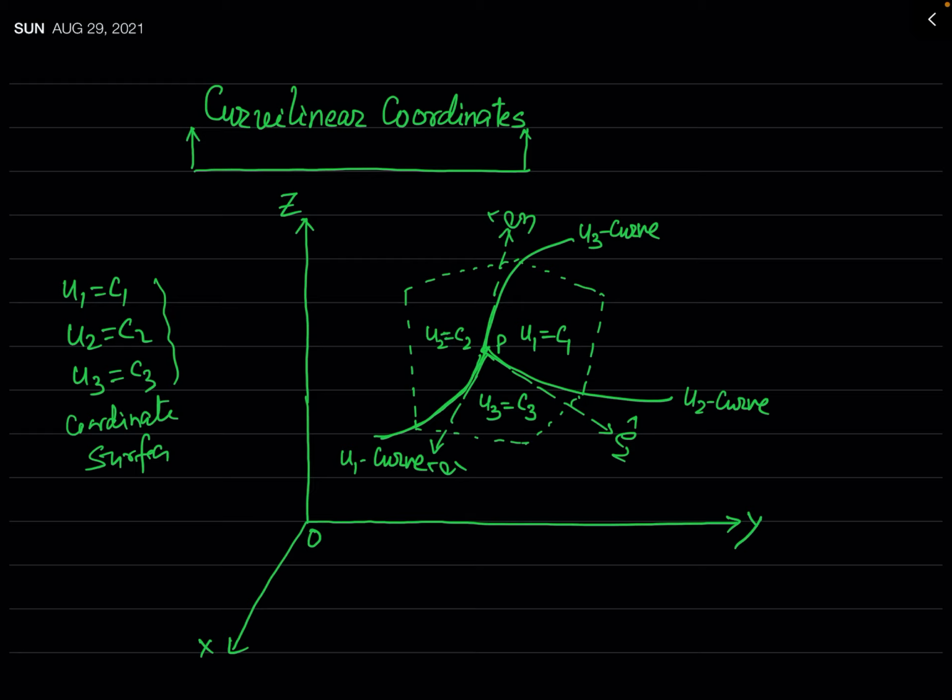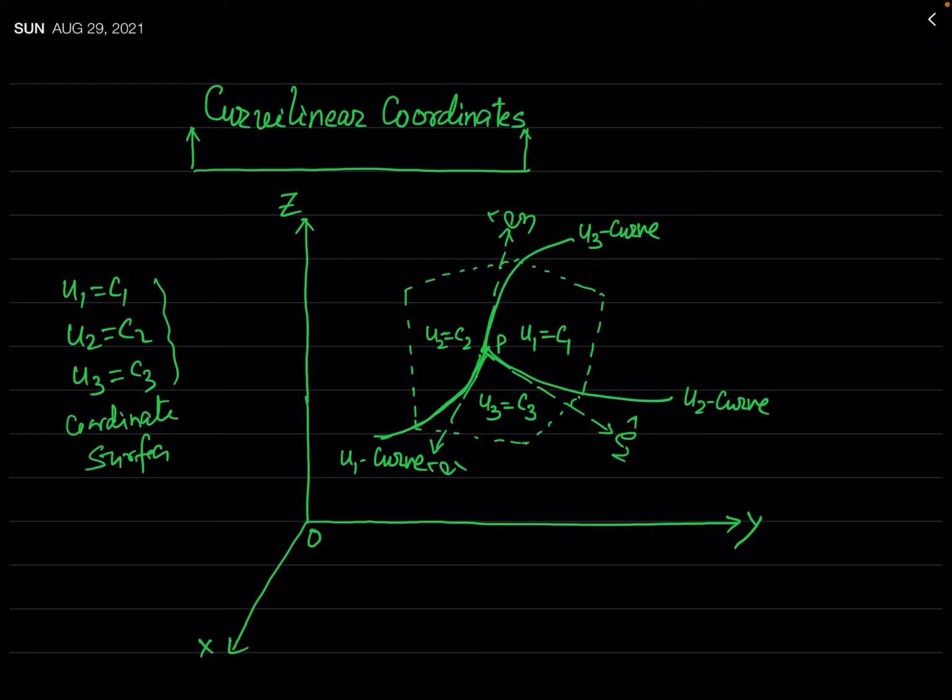So these dotted lines along which I have shown the unit vectors e1 hat, e2 hat, and e3 hat, which are tangential to the coordinate curves at point P, are known as coordinate axes.